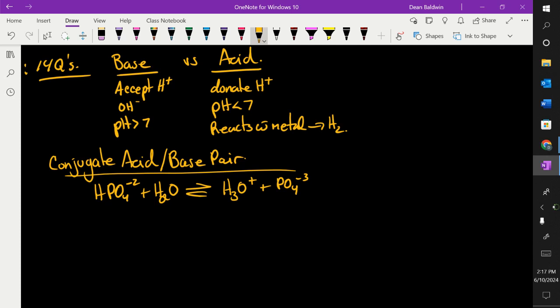Which of the following are general properties of bases in aqueous solution? Bases feel slippery. An increase H3O plus. No, hang on. Turn litmus red. Conduct electricity. Maybe. But what is the answer? I haven't looked yet.